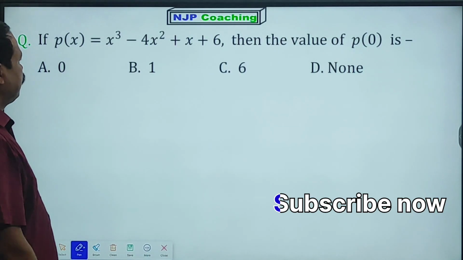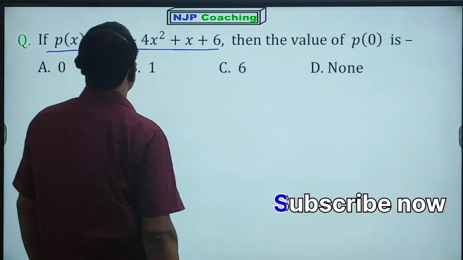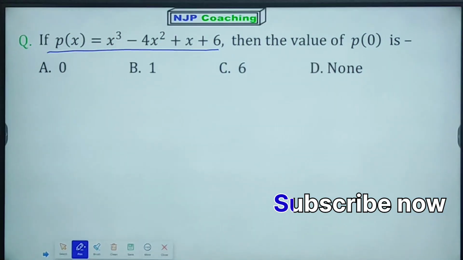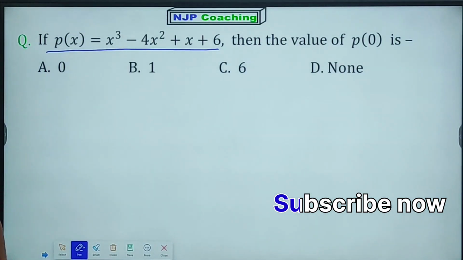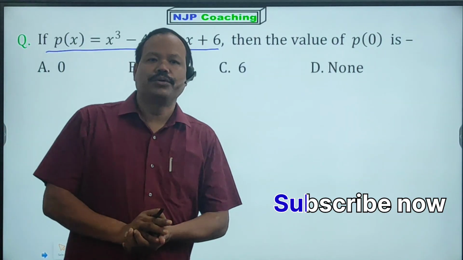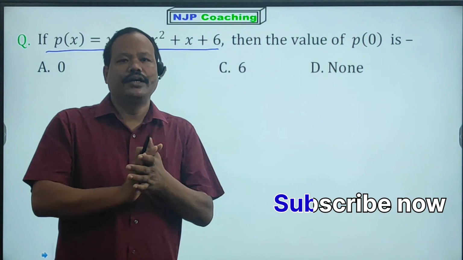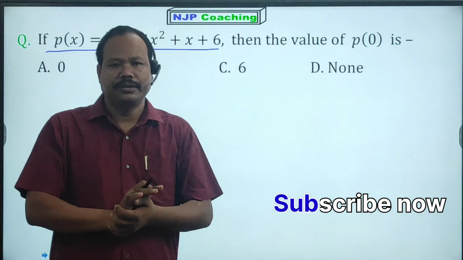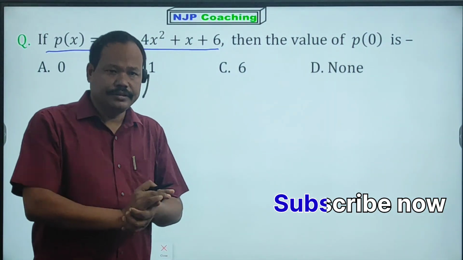Next. One polynomial is given. This is the polynomial x cube minus 4x square plus x plus 6. What is the value of P(0)? This is a very easy question. So the value of P(0) means at x equals 0, what is the value of the polynomial?